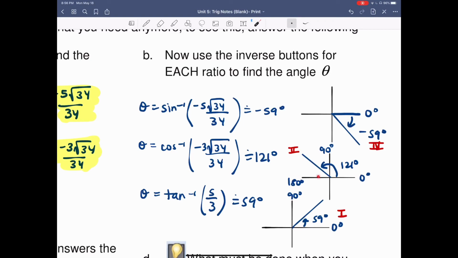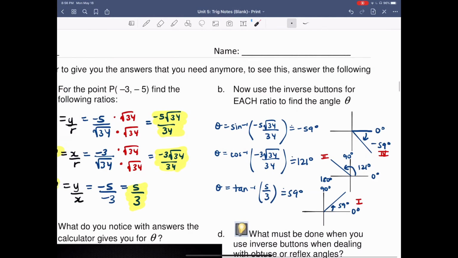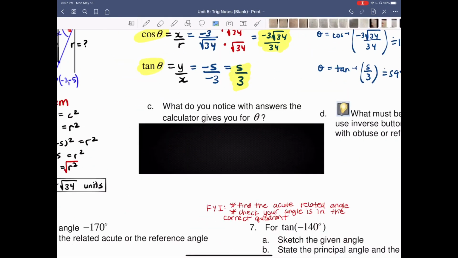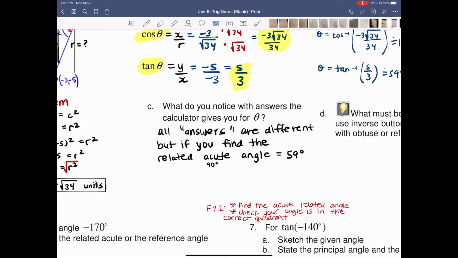Over here, if I did 180 minus 121, that's 59 degrees, and 59 degrees again. So these parts were helpful in telling me what the related acute angles are. Didn't tell me the exact answer I needed, but got me really close. And I'm going to write all answers are different, but if you find the related acute angle, 59, you could work from that information.